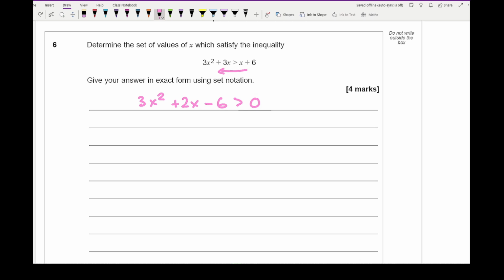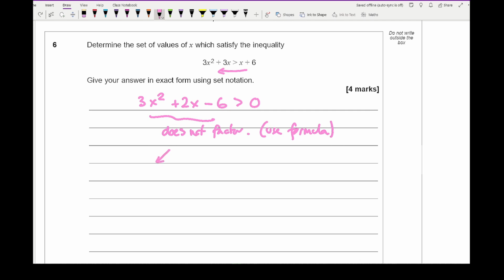Now, this does not factorize, so we need to use the quadratic formula. With this, you could also use your calculator to work this out, because I know the A-level recommended Casio calculator does work these questions out.